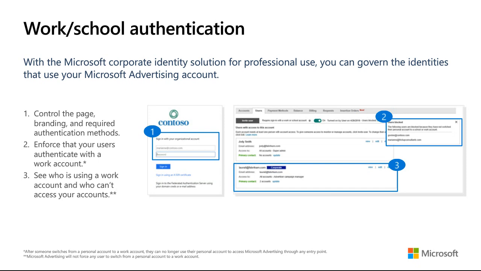Secondly, we will give you additional control to enforce that your users authenticate with a work account if that is the kind of control that you are seeking for your account. And then lastly, you can see who is using a work account versus who is using a personal account. So you get that level of insight into who is using your Microsoft advertising account.